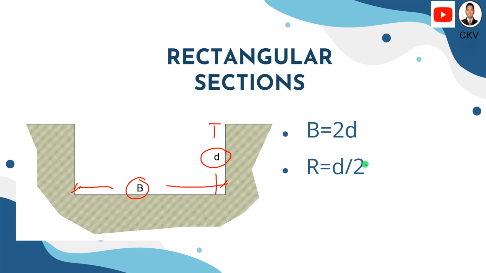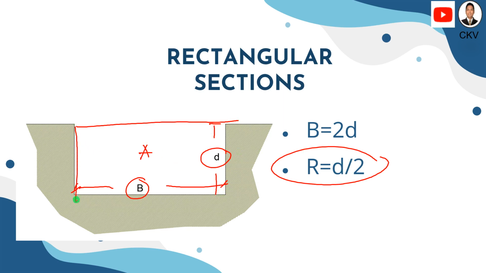Also, if we are going to determine its hydraulic radius, that will be equivalent to d over 2. Again, hydraulic radius is the sectional area divided by the wetted perimeter. Okay, so that will be d over 2.